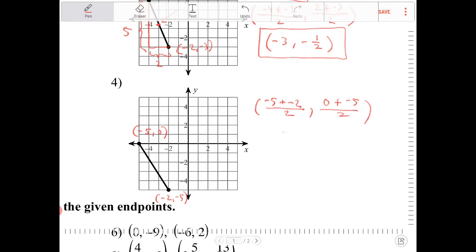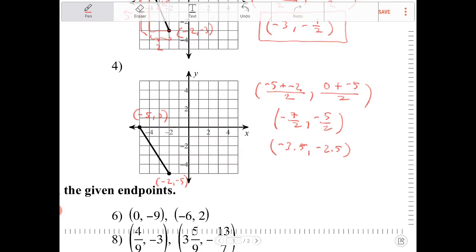I end up with -7/2, -5/2. You can leave your answer like this, or if you really want to, you can convert it into a decimal. Either way, both a fraction and a decimal are acceptable answers.